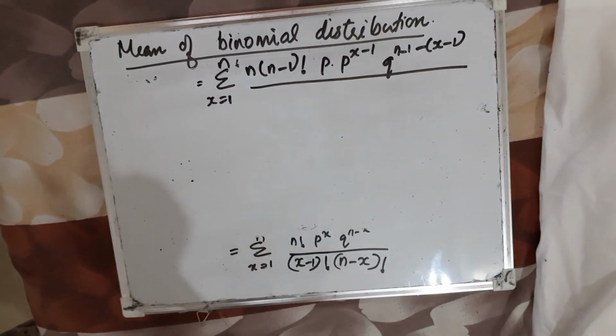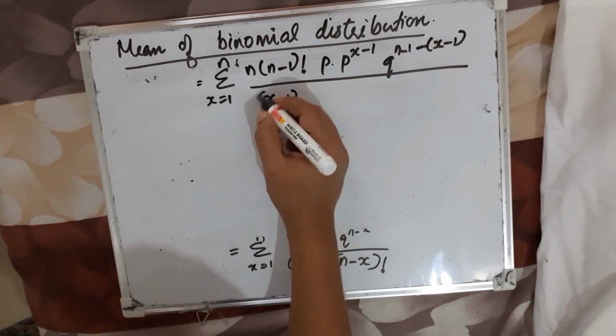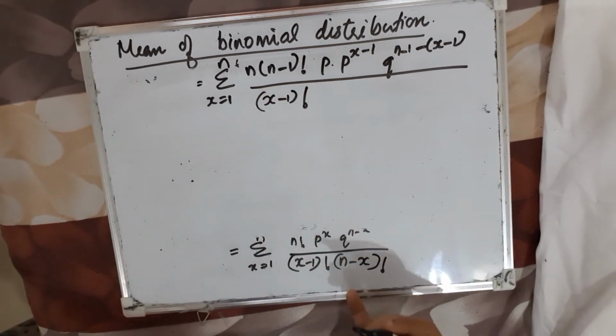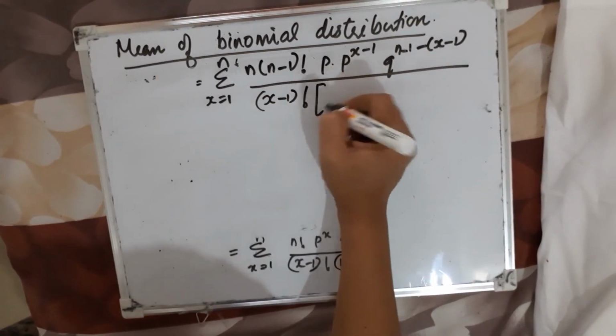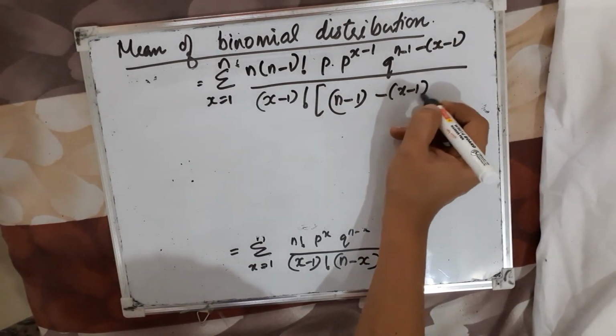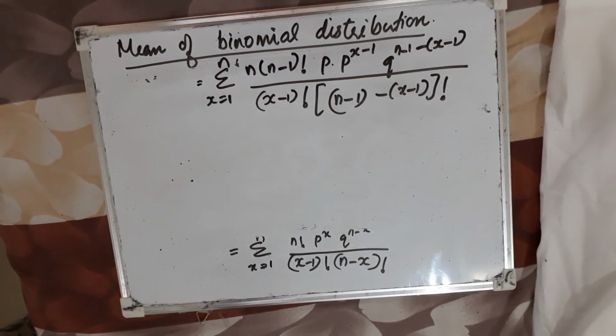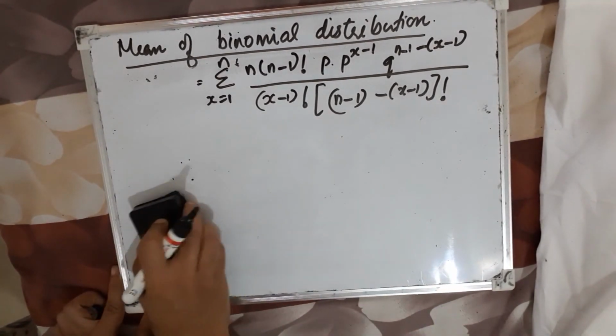The denominator is already in the form (x minus 1) factorial. Then (n minus x) factorial can be written as ((n minus 1) minus (x minus 1)) factorial. Then we can take the constants outside from the sigma notation.